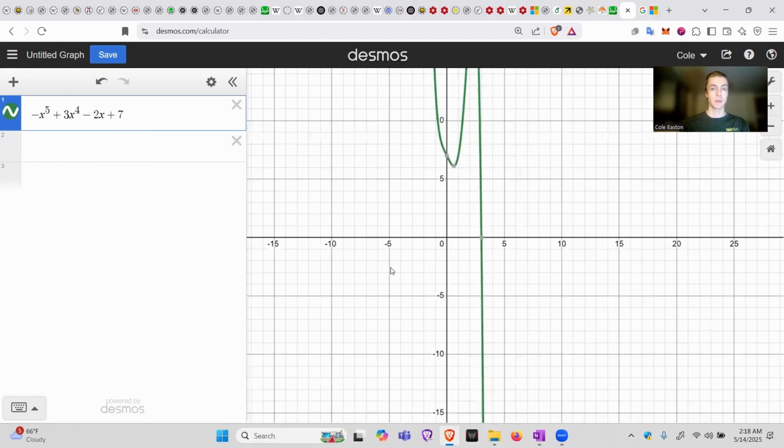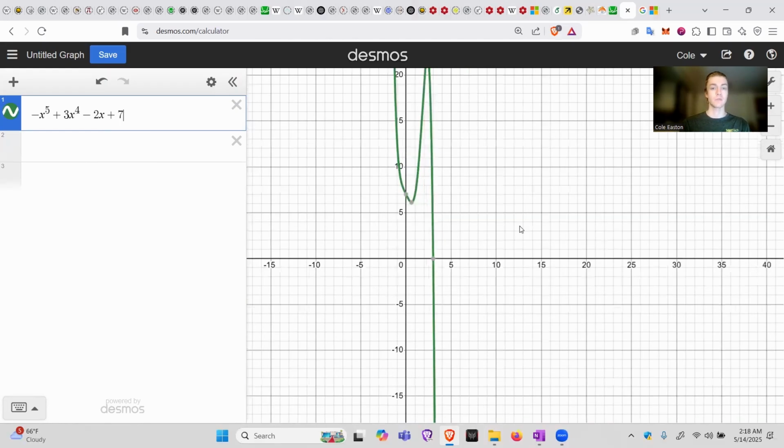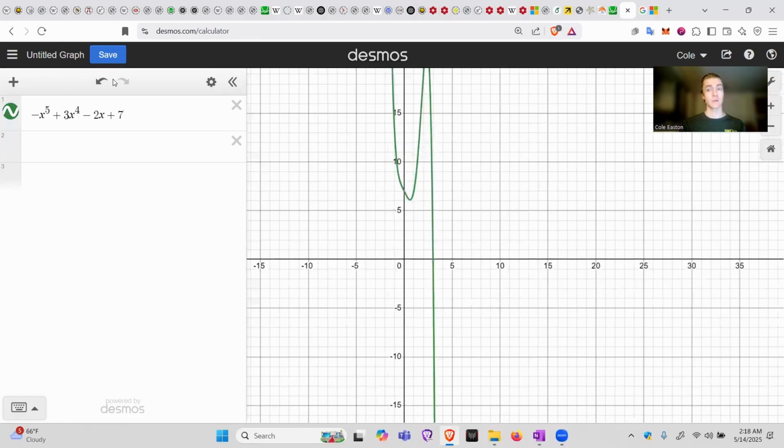But regardless of what other terms we have here, we're always going to just look at the leading term. That's the term with the highest power, the degree of the polynomial. So this is a polynomial of degree 5. Our leading term is negative x to the 5th, and that's all we're going to look at.